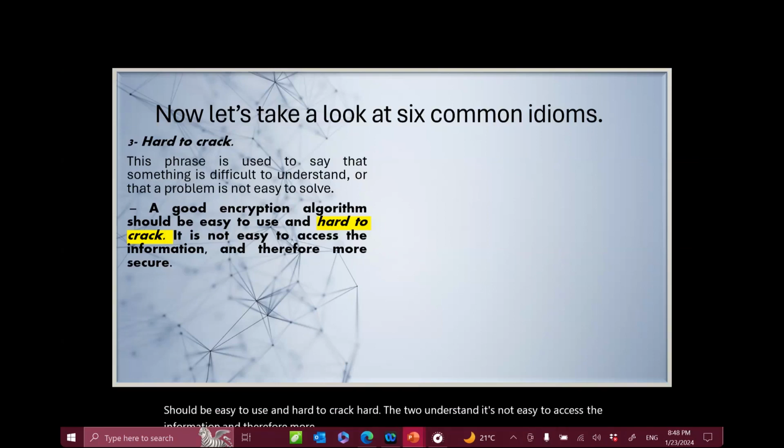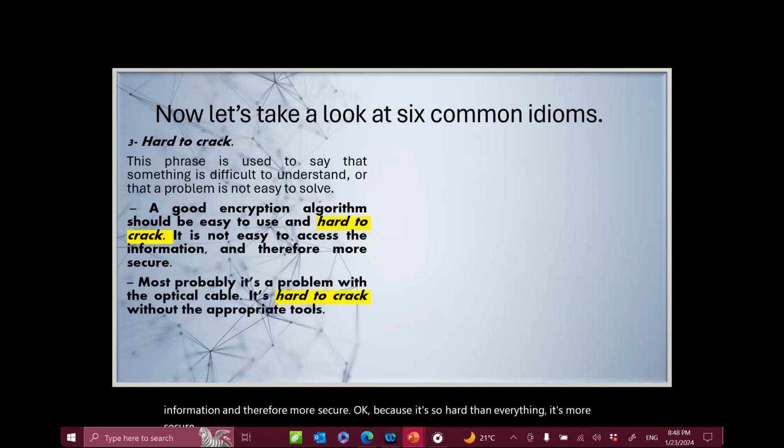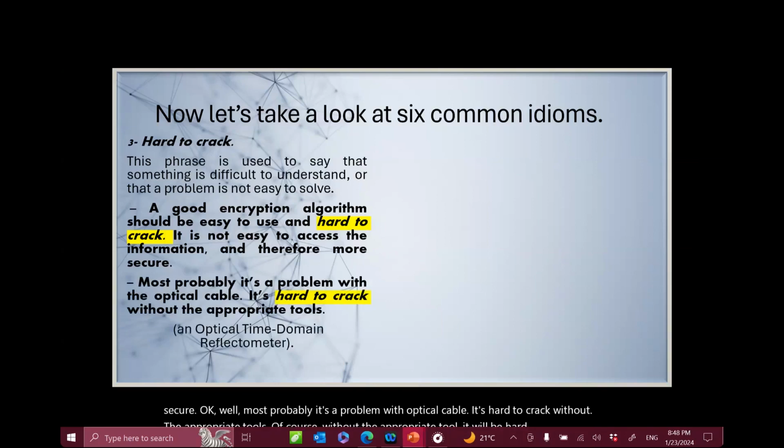Because it's so hard, it's more secure. Well, most probably it's a problem with the optical cable. It's hard to crack without the appropriate tools. Of course, without the appropriate tool, it will be hard to crack. Okay?